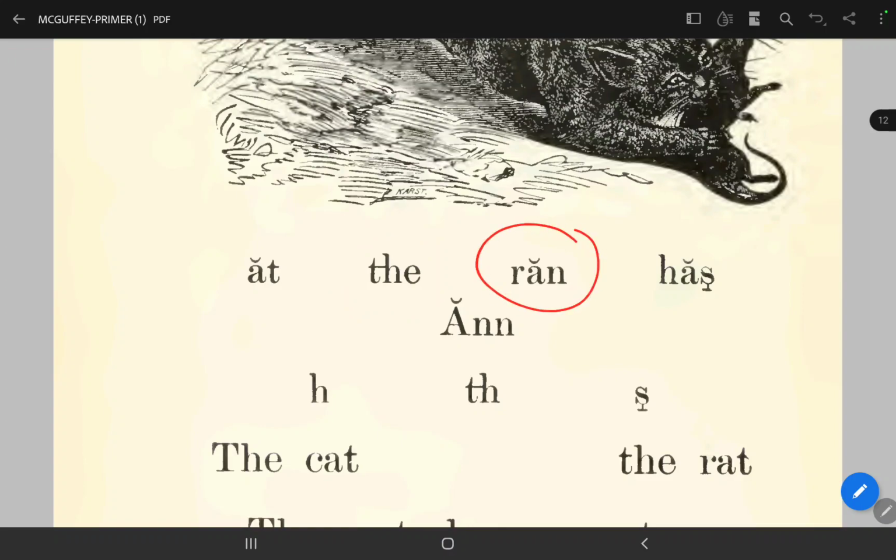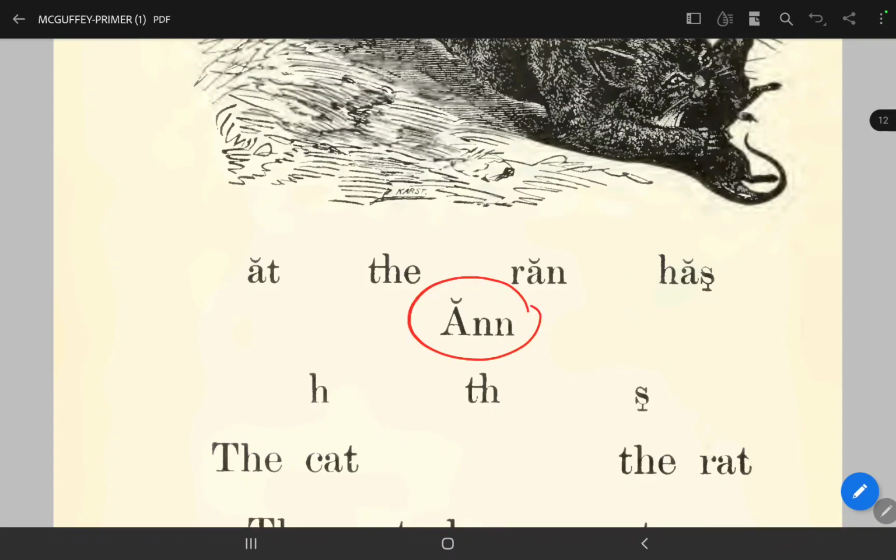The next word is R-A-N. R-A-N says ran. R-A-N, ran. The next word is H-A-S. H-A-S, has. H-A-S, has.